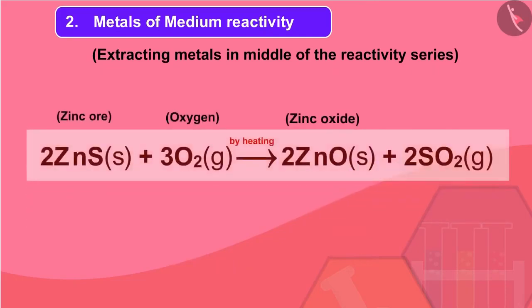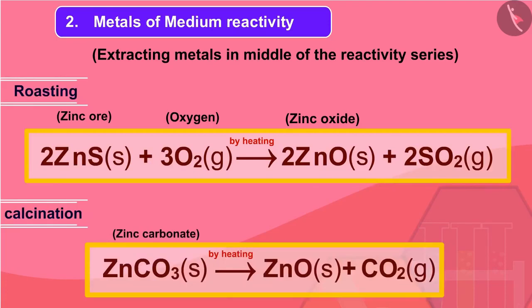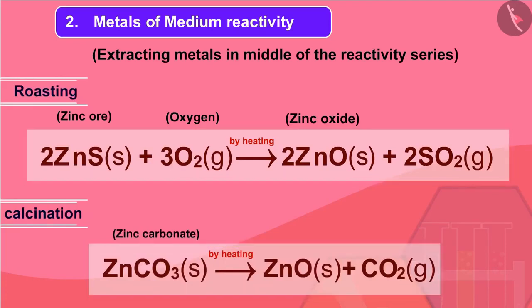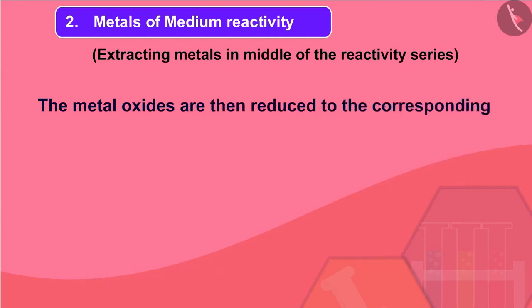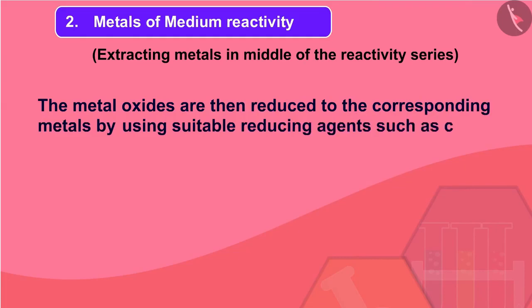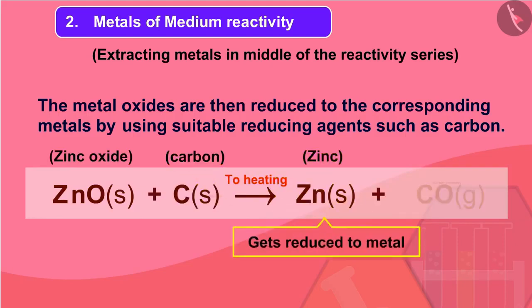The chemical reaction that takes place during roasting and calcination of zinc ores. The metal oxides are then reduced to the corresponding metals by using suitable reducing agents such as carbon. For example, when zinc oxide is heated with carbon, it is reduced to metallic zinc.